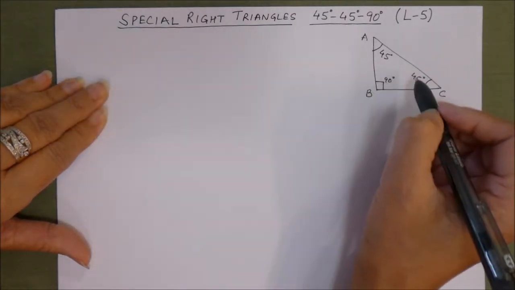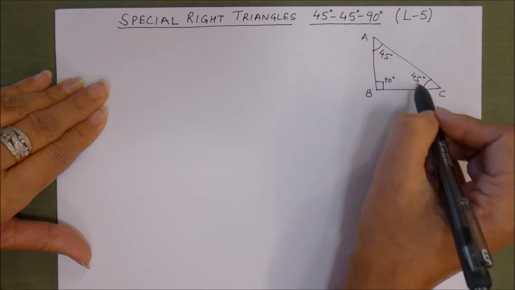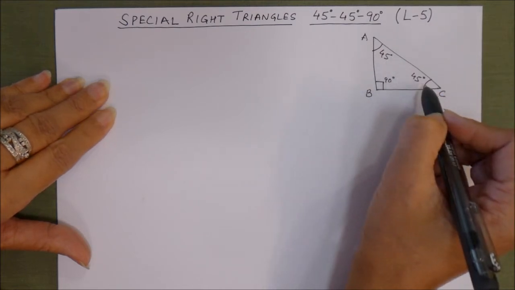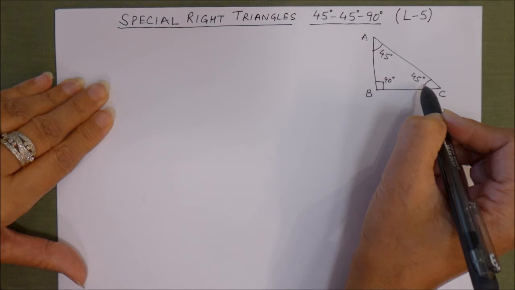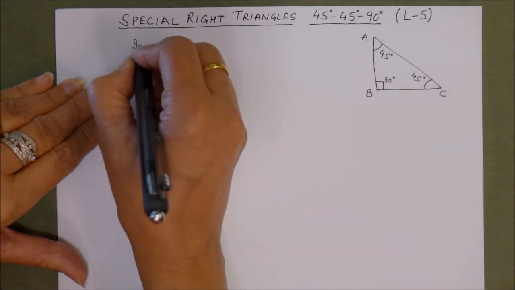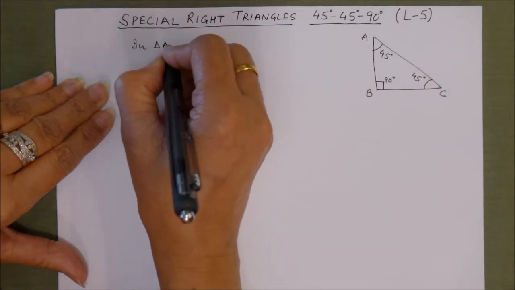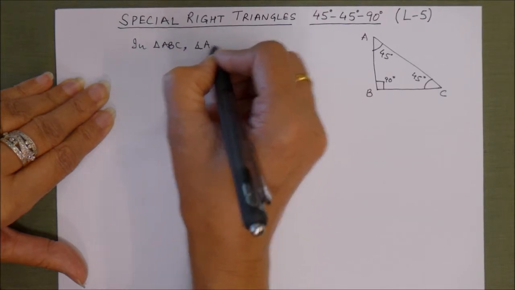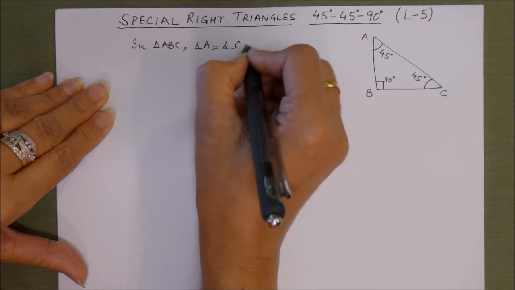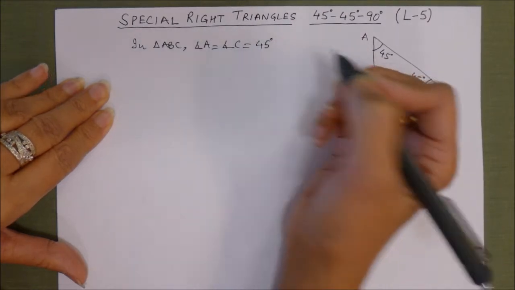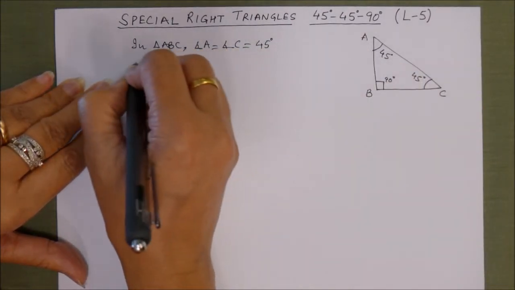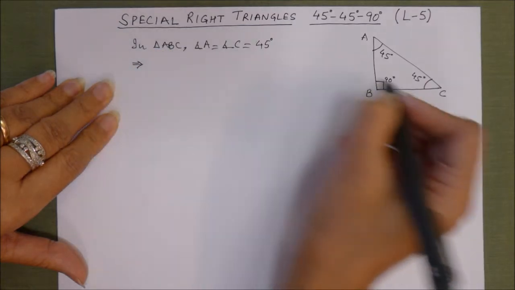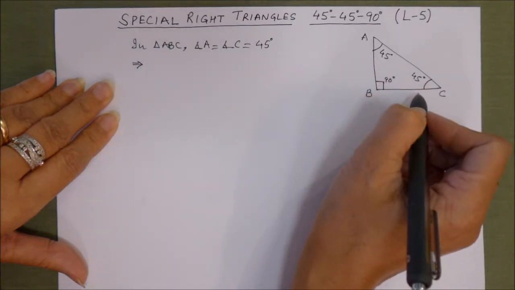In a triangle in which the two angles are equal, that is said to be an isosceles triangle. So we write in triangle ABC, angle A is equal to angle C, both are equal to 45 degree. This means the sides opposite to these two will also be equal.